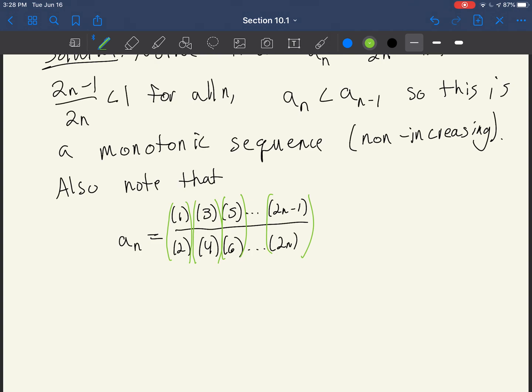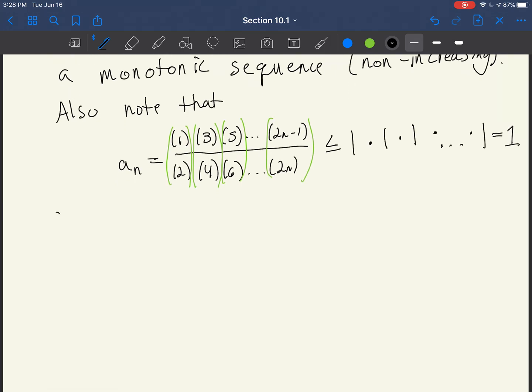Okay, 1/2 is less than 1, 3/4 is less than 1, 5/6 is less than 1, and (2n minus 1) divided by 2n is less than 1. So each one of these terms is less than 1, so we know that a_n is always going to be less than 1. So this sequence is also bounded.